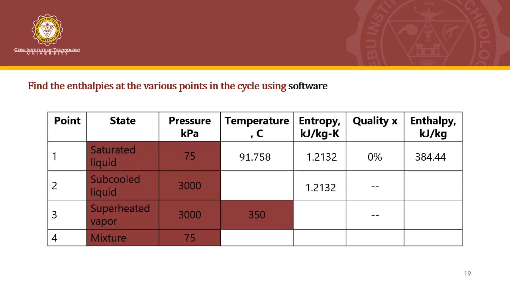You will need to have two known properties. In this case, we have the pressure of 3000 kilopascal and also the entropy. That is the use of having the idea that the entropy is the same, because now we already have two properties, meaning we can use these two properties to get all of these values in the subcooled liquid region.